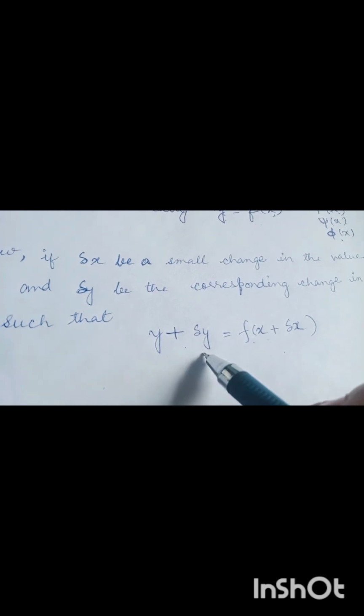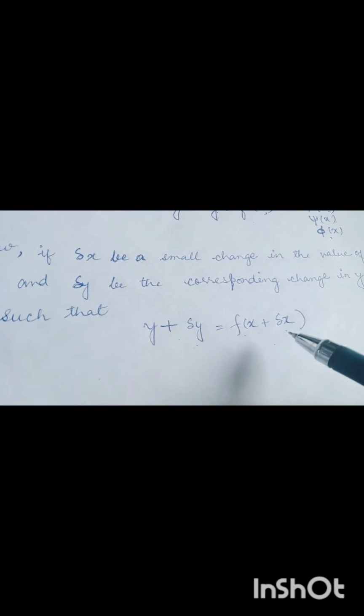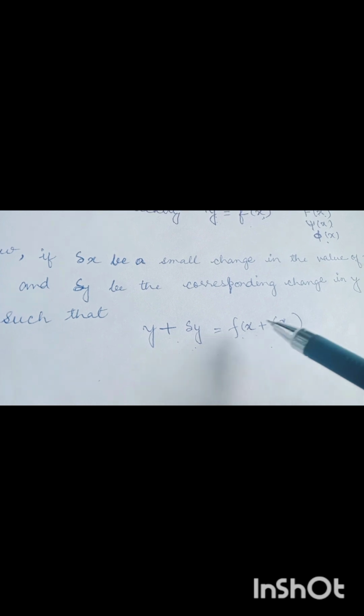So delta y and delta x are the increment or decrement. If it is negative, then we call it a decrement. So delta y and delta x are also called the increment in y and increment in x.